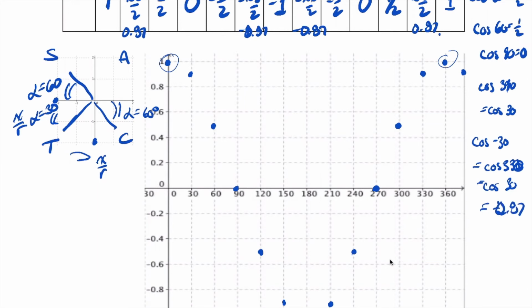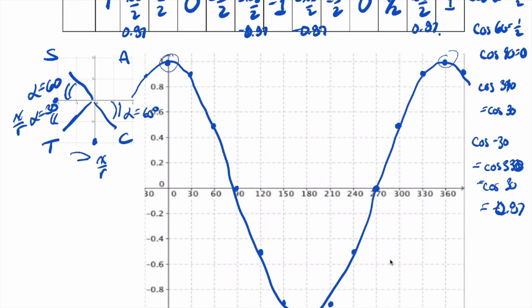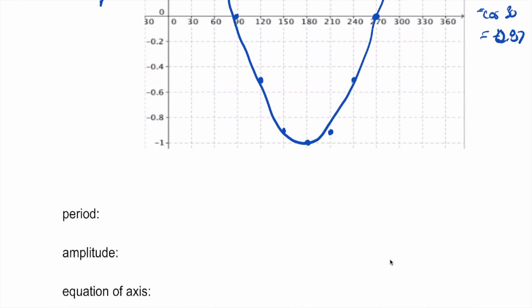So here would be that point. So here you're going to carefully connect the points in a nice smooth curve. Oh, missed that one point over there. And it'll look something like that. Okay, so that's what the cosine graph or cosine function looks like.